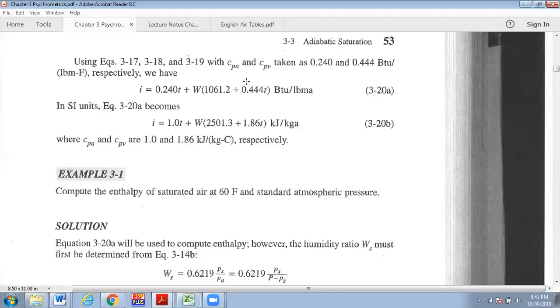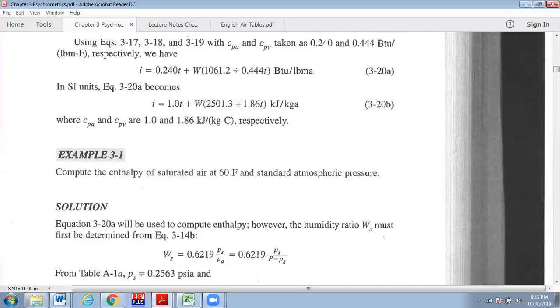And then this bracket term is the enthalpy of the water vapor. So it works out to be pretty easy. And then the metric equivalent is this expression where the constants change a little bit, but you're doing all the same thing. So do you have any questions about where that comes from? This extension, a little applied practical thermodynamics, is all we've got there.